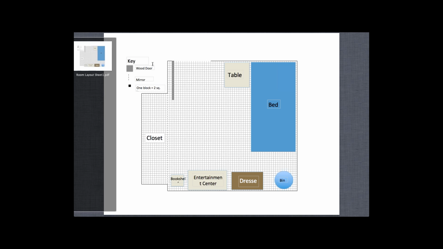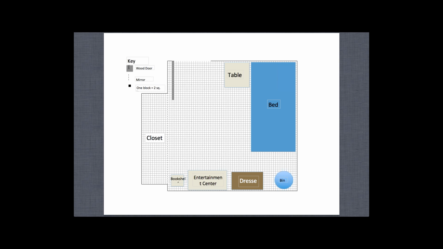All right. Well, my key is the lines going across to the right are a wood door. Then the dots across are mirror doors, like sliding doors, in other words.